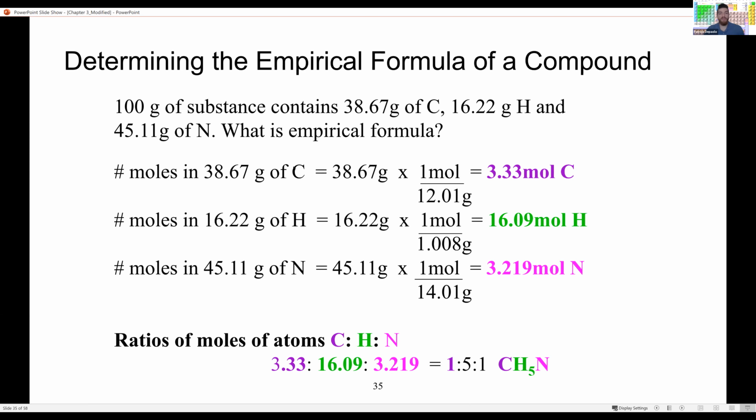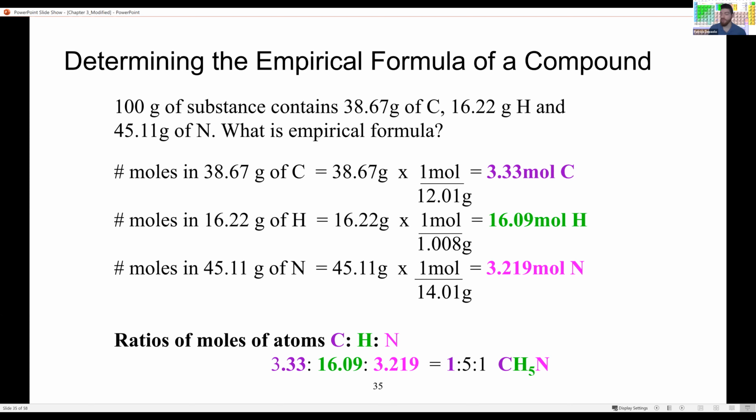So for carbon, they got 3.33. For hydrogen, around 16. For nitrogen, they got 3.219. Next you are going to take the lowest number of all the moles. 3.219 is the lowest number.